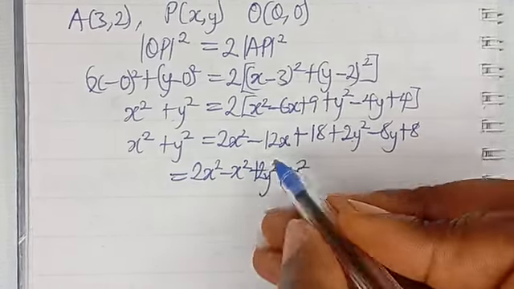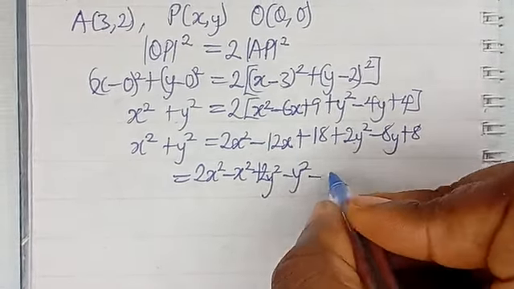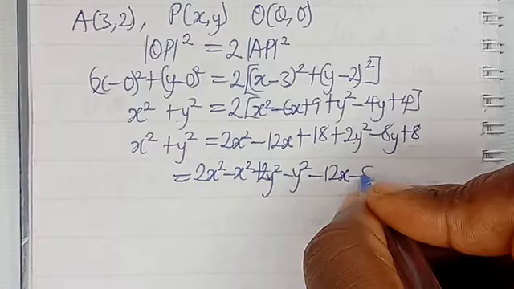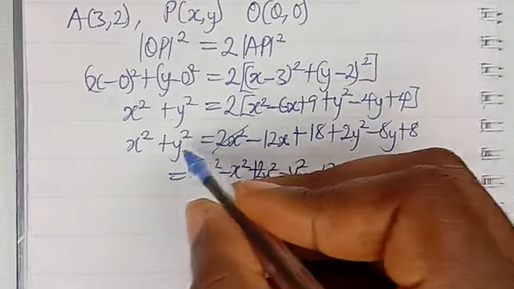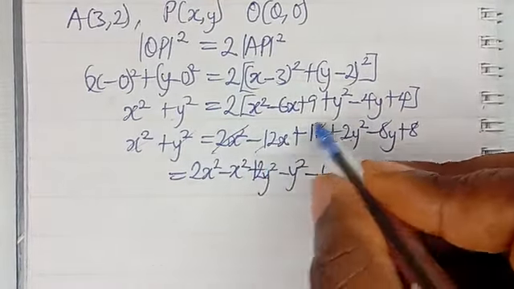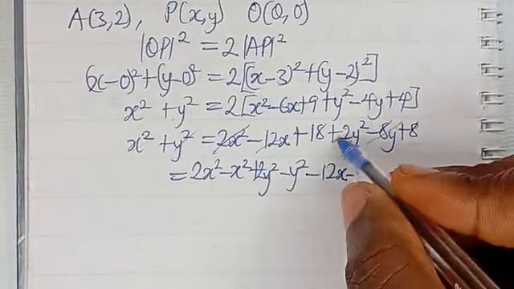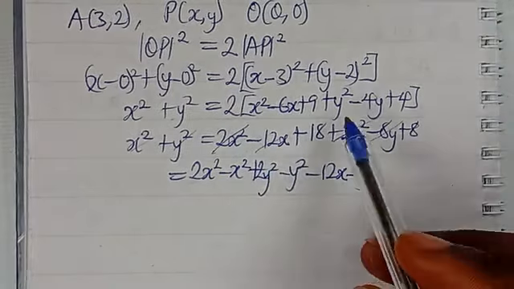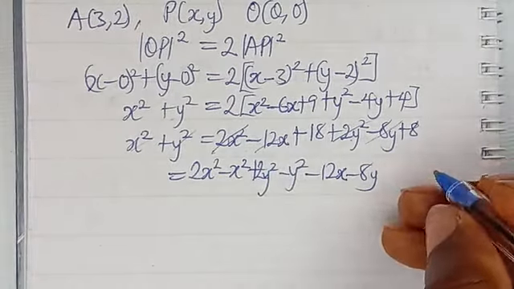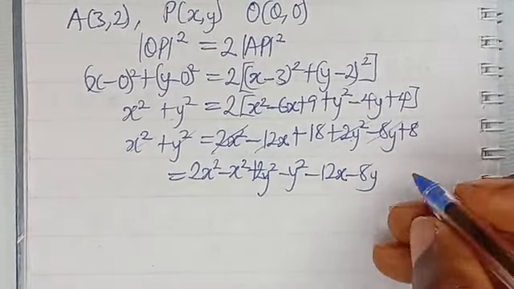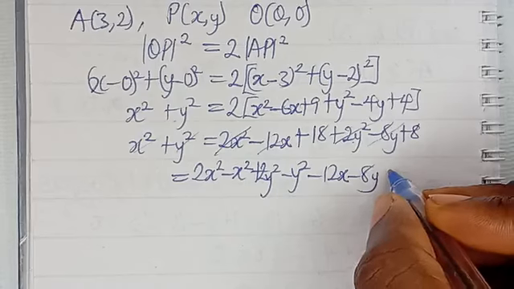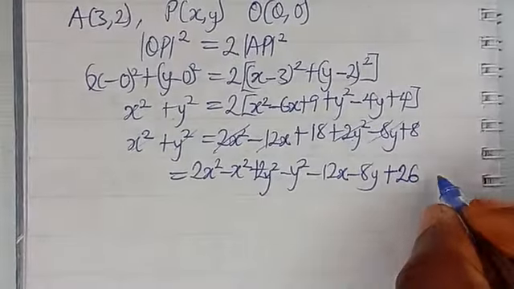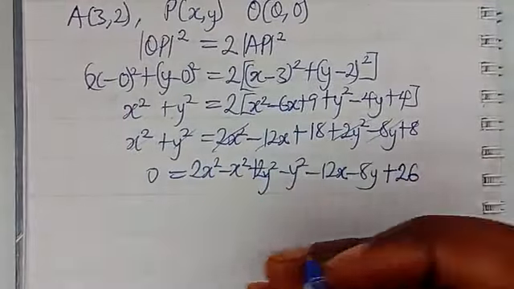Then let's collect the value in x, minus 12x, the value in y, minus 8y. So let's cancel out the ones we've collected. Okay, so we now have the constants, 8 plus 18, that is 26. And that should be equal to 0 this time.